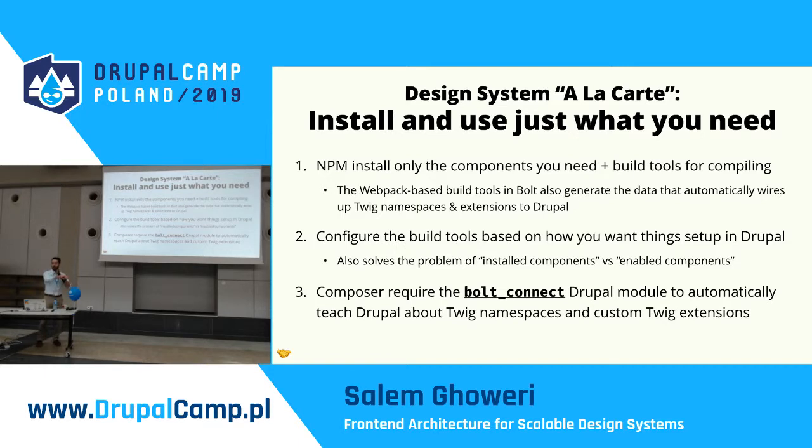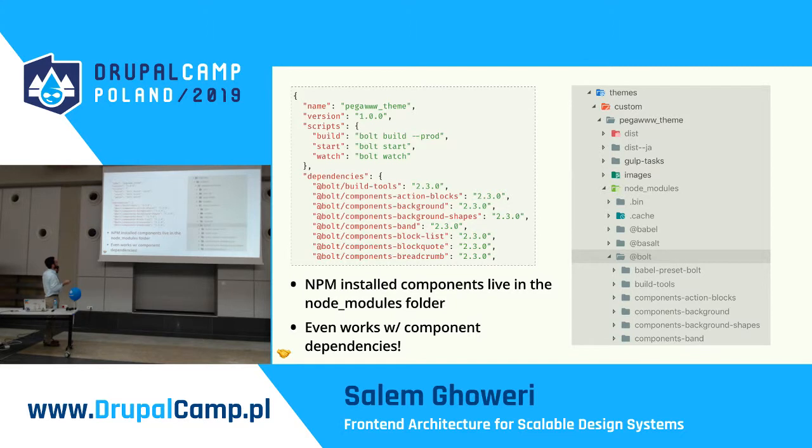So this configuration allows us to install the components, step 1, enable or turn on the components, step 2, and then step 3, we have this Bolt Connect Drupal module, which automatically takes the data that the build generates of all the Twig paths, and it teaches Twig inside of Drupal, here's all the paths. Here's how to use the design system.